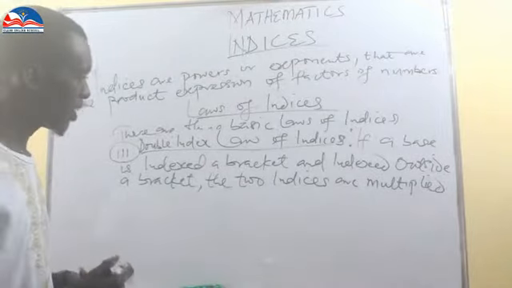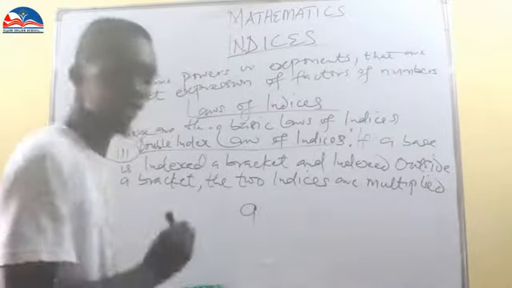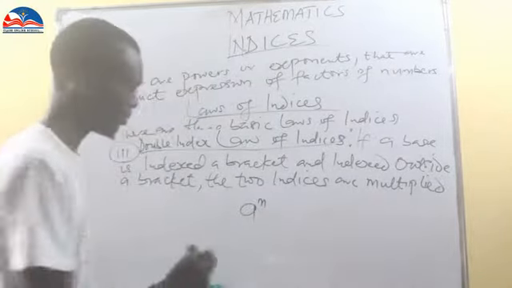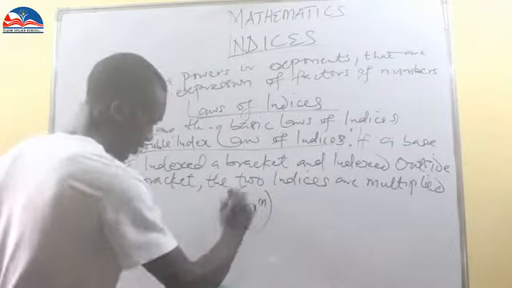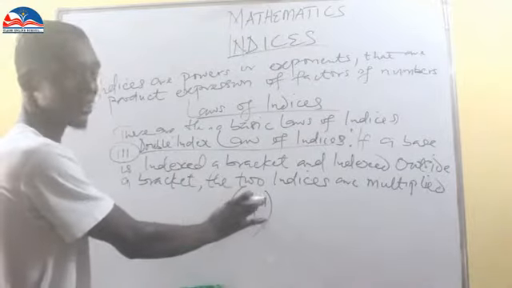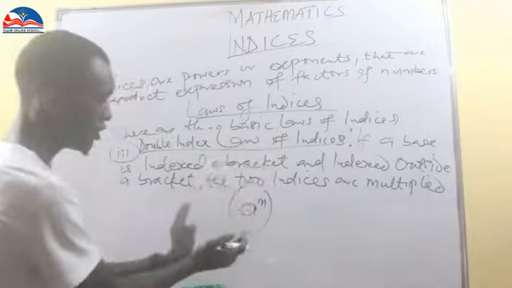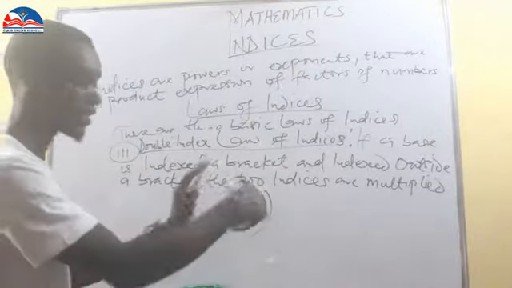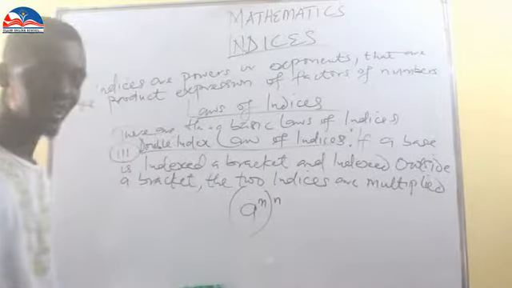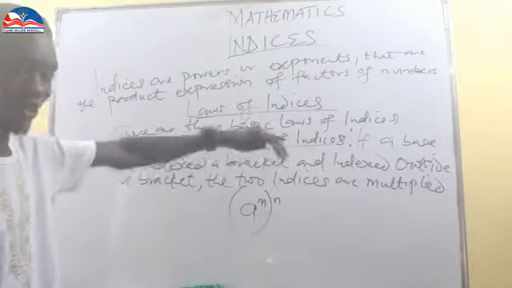What does this mean? This means that if a base is indexed in a bracket, we have A index m, the base is indexed in a bracket. Now, this same base is also indexed outside a bracket, so let's say index n. So A index m in a bracket index n.